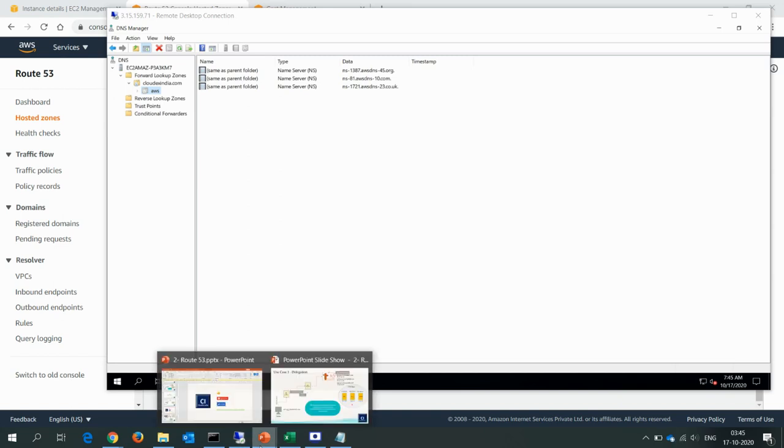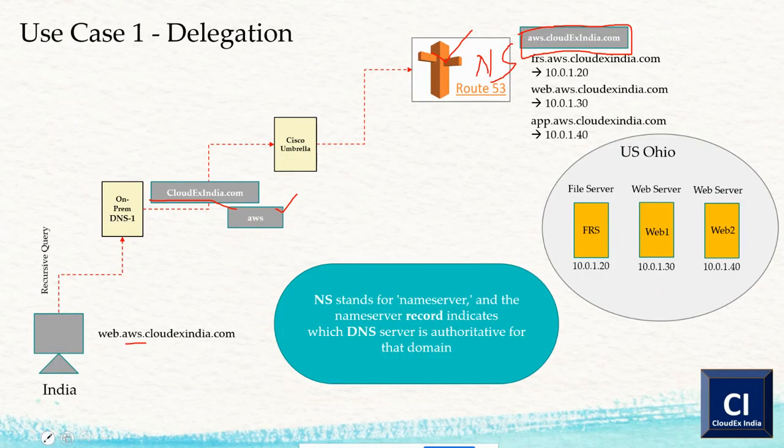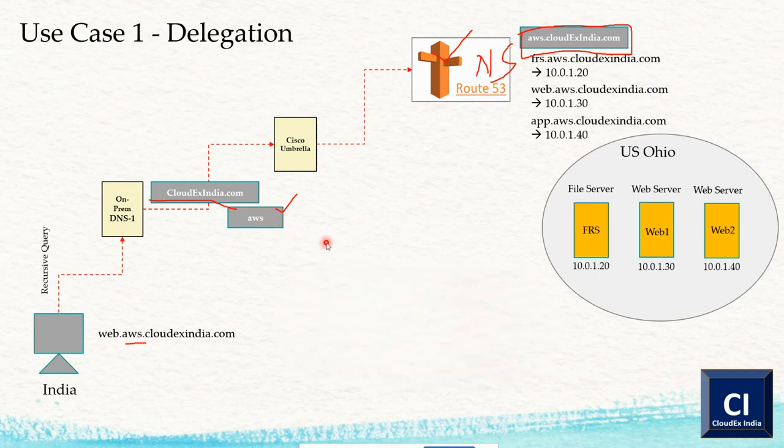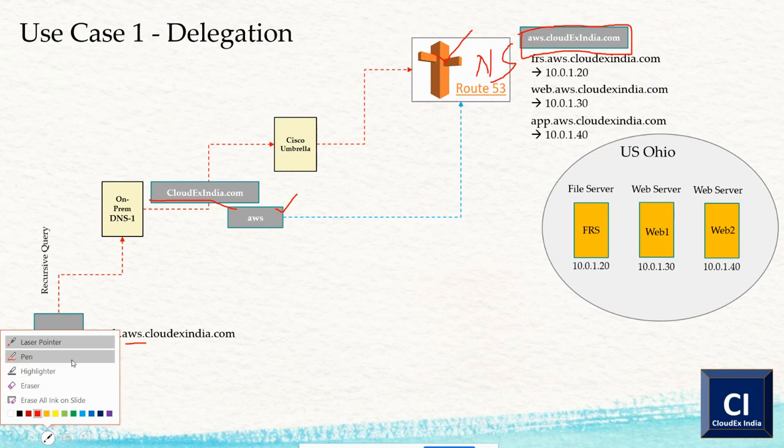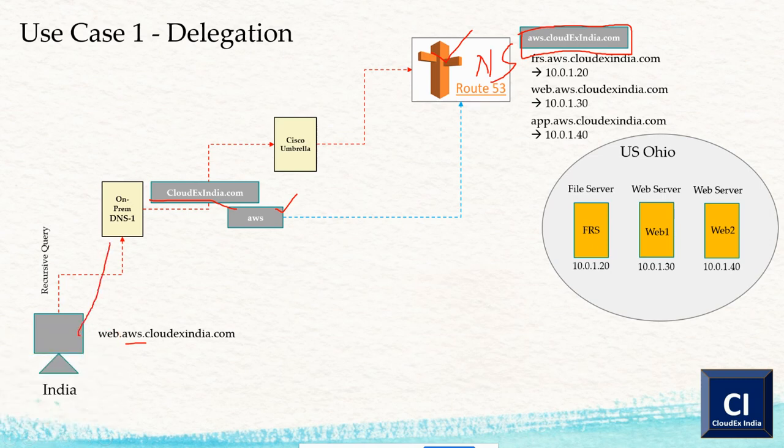So the moment you route it, it automatically reaches AWS Route 53. Let's go back to the slide again. So here it is. The moment you create the zone and associate it, pointing it with NS, it establishes a connection with your AWS Route 53. Whatever query you type from the client to get the resolution reaches here, goes into the zone, then goes into AWS, uses the delegation path, and reaches Route 53.